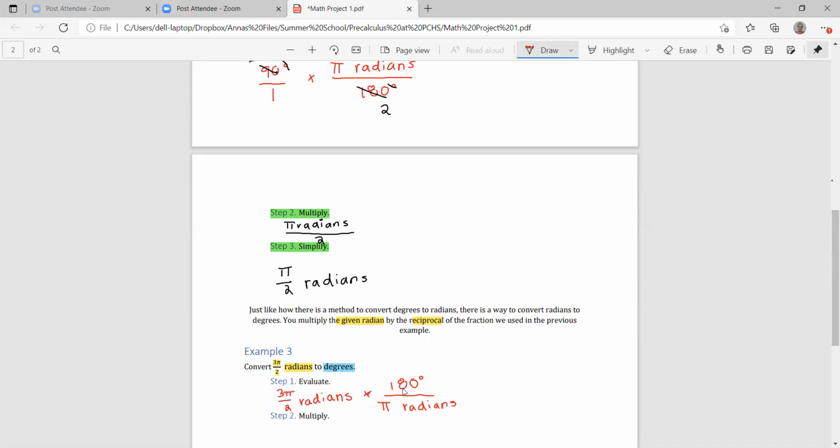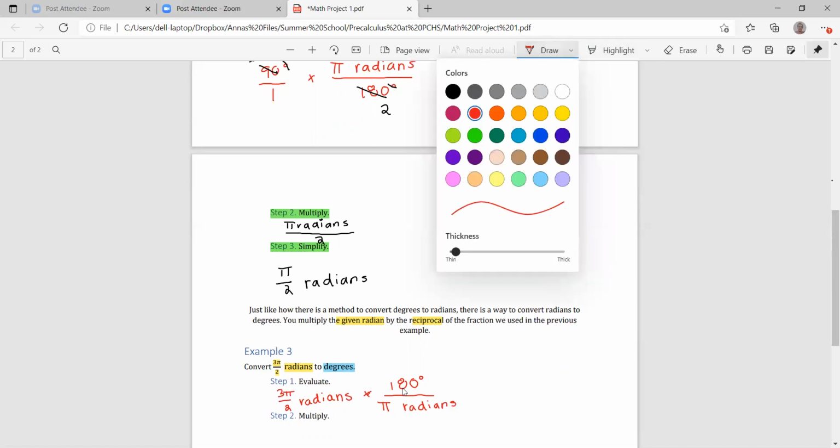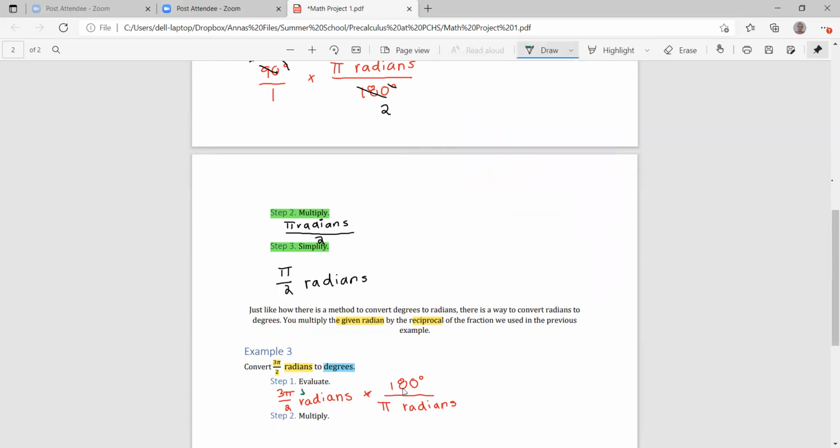And you might be asking, why are we using the reciprocal? Well, in converting while using this fraction, we're essentially trying to cross-cancel the unit out. So every time, we take this unit right here, and while multiplying, we cross-cancel it out.